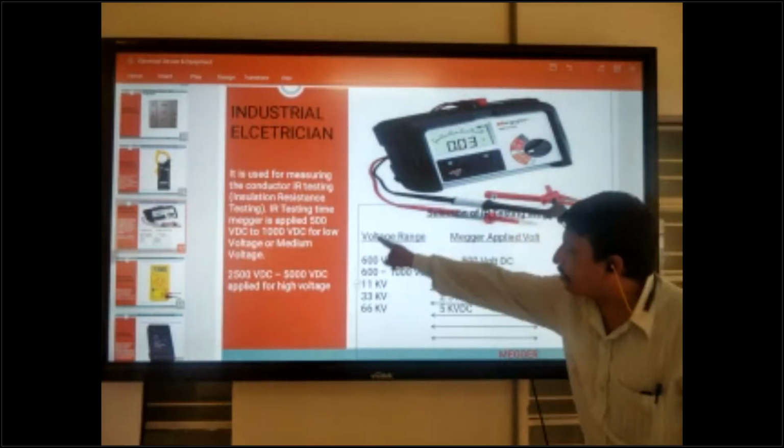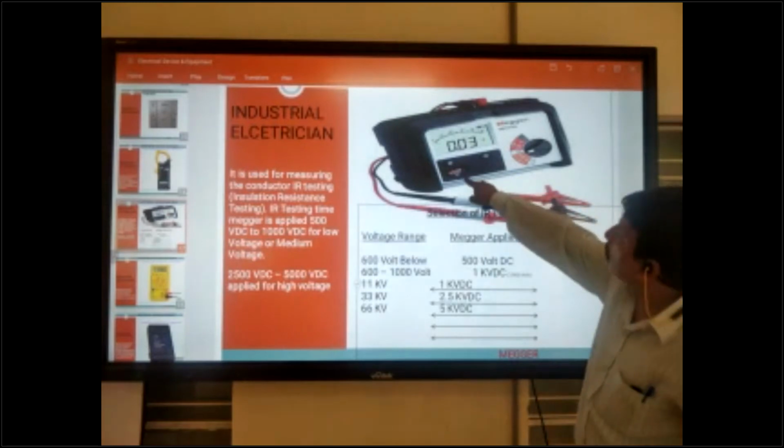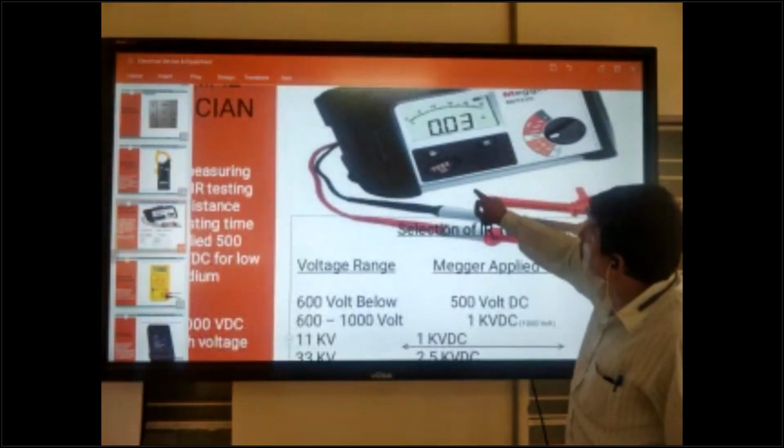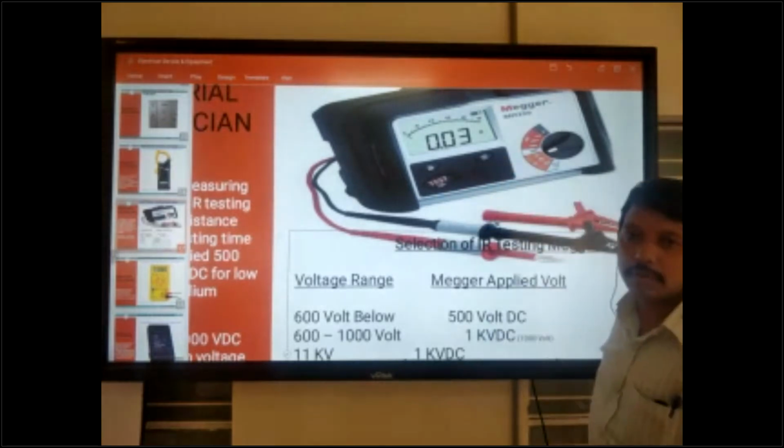As per this chart, we can use it for IR, insulation resistance testing. There is also a test button. You see it written here as test. At testing time you can push this button, and digits come up on the display, a numbering system.